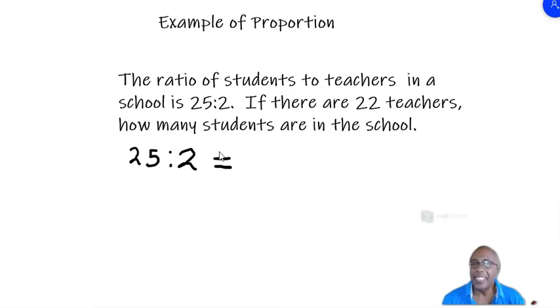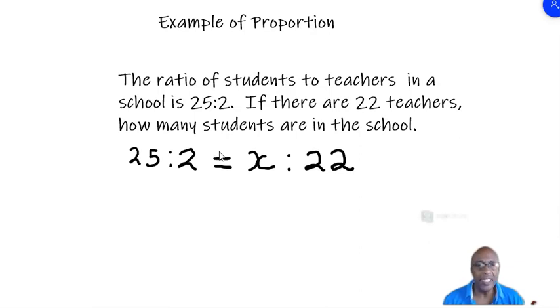It means that that first ratio equals the second ratio, which is the number of students. Let's let that be x. So if x is the number of students, 22 as the number of teachers. So that is the second ratio. And so what we have to do is find x, the number of students.